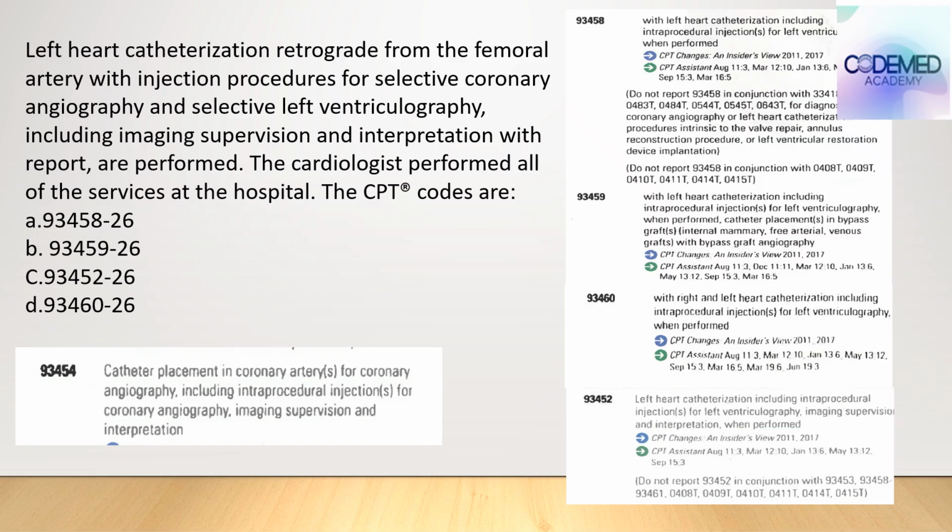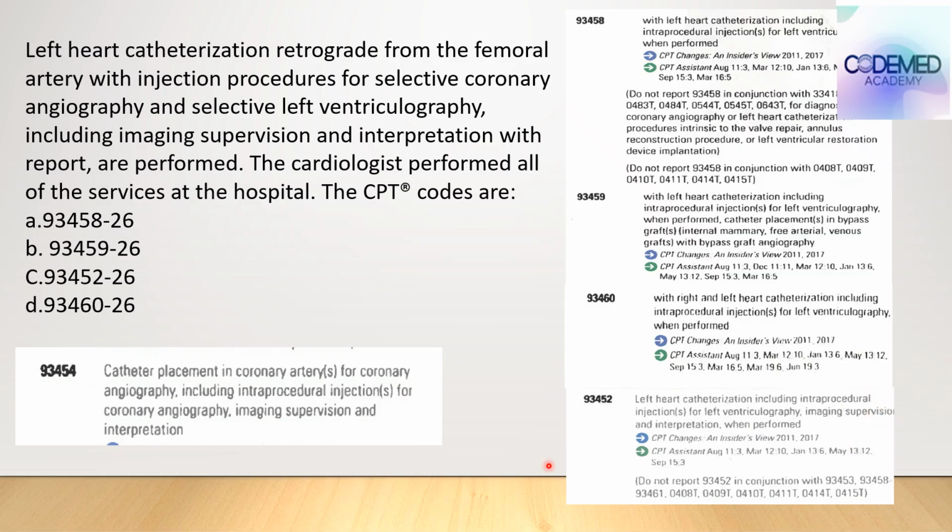If you go through the options, 93460 is the right and left heart catheterization. In our patient, it is only the left heart catheterization that has happened. 93452 is left heart catheterization. It includes the left ventriculography, but it does not include the angiography.